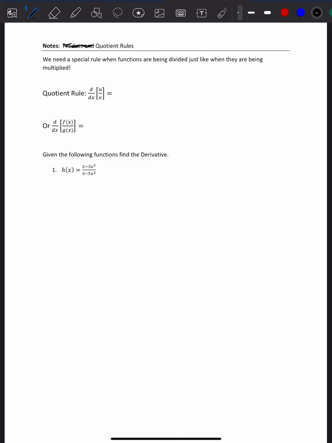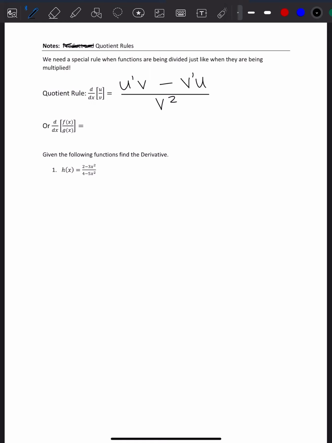Just like before, we have two different ways that we can write this, but this time because of division, we have to worry about a specific order. If we look at our u and v version of this, we would have u prime times v minus v prime times u, all divided by our original denominator's function squared.